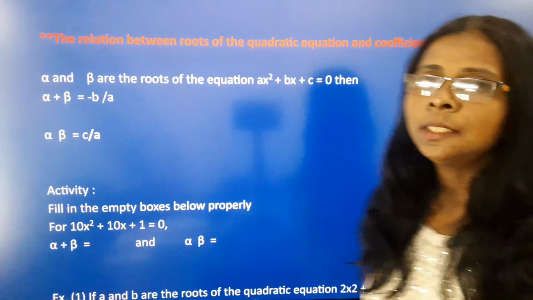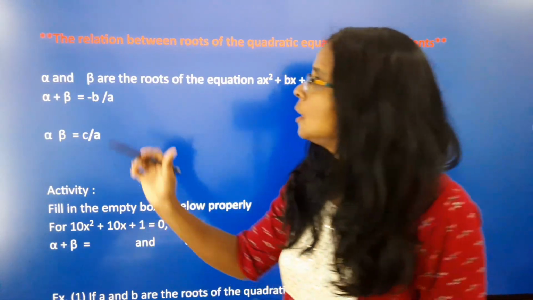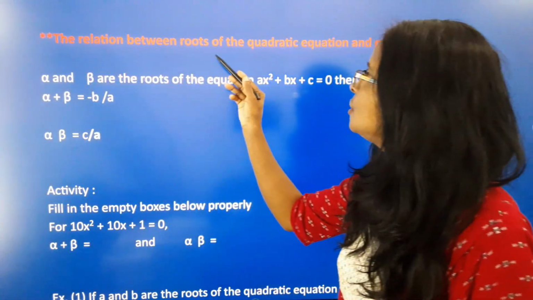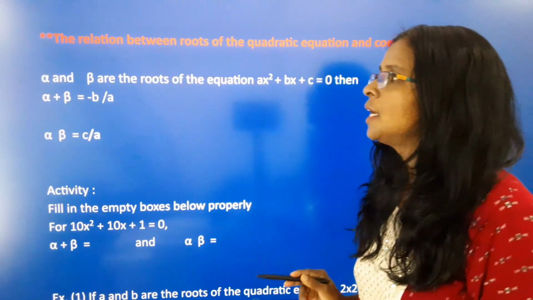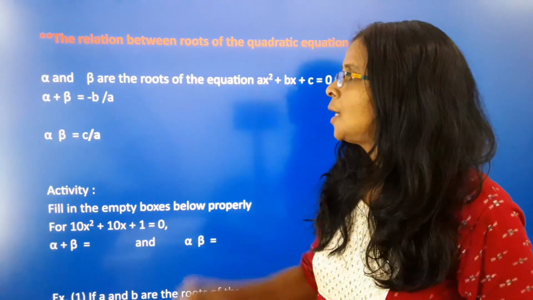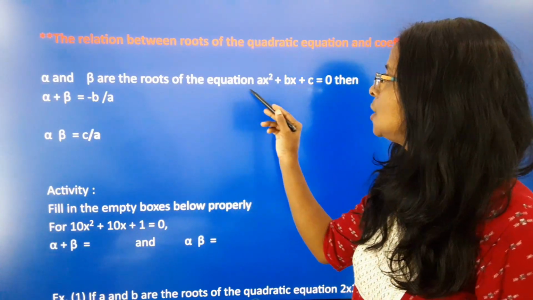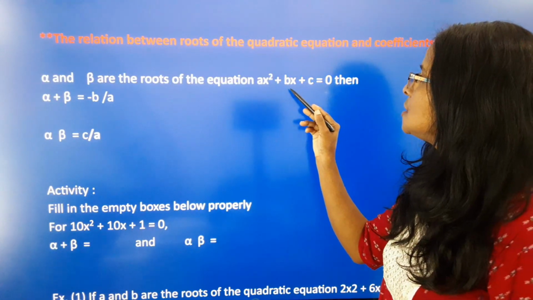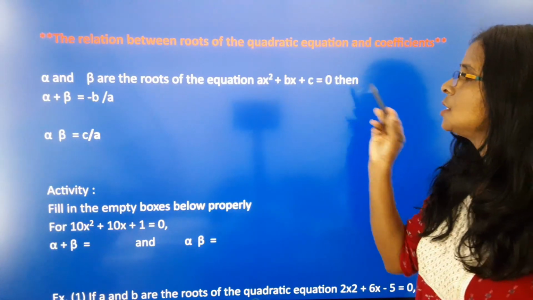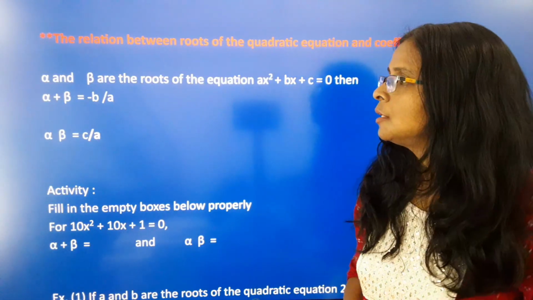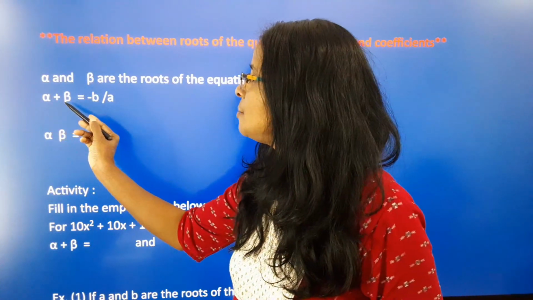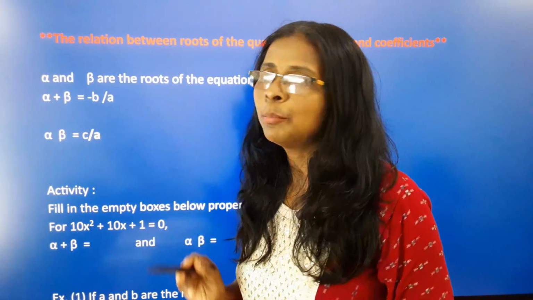Now let us see the relationship between the roots of the quadratic equation and the coefficients. Okay. Now here alpha and beta are the roots of the equation ax square plus bx plus c is equal to 0. Then we can say that alpha plus beta is equal to minus b upon a.